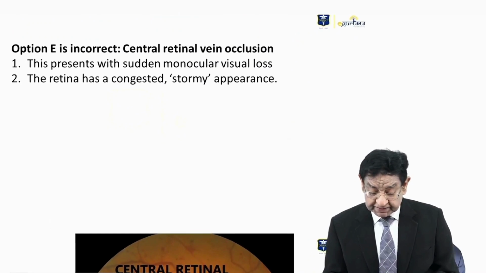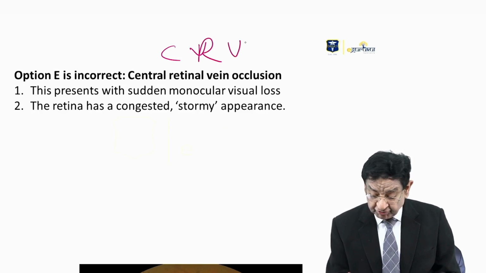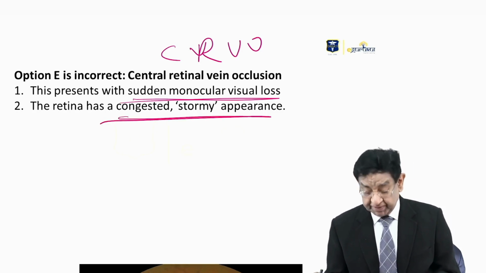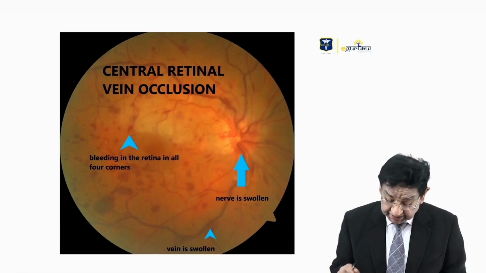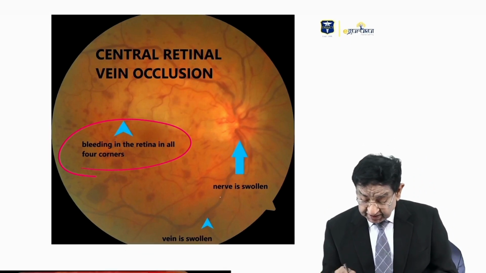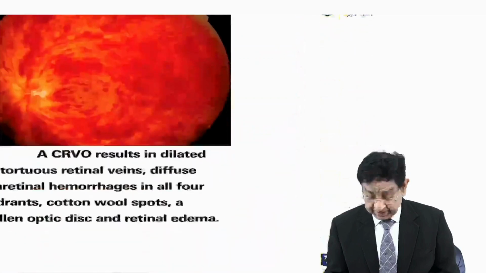Now, the other option is central retinal vein occlusion, CRVO. The patient comes with sudden monocular vision loss. The retina has a congested, stormy appearance. Look into this. Okay. In the retina, in all four corners, classical feature, the nerve is swollen, the vein is swollen. And look into this.